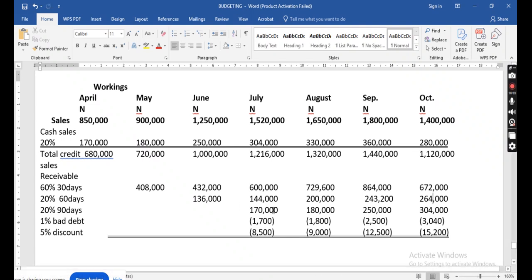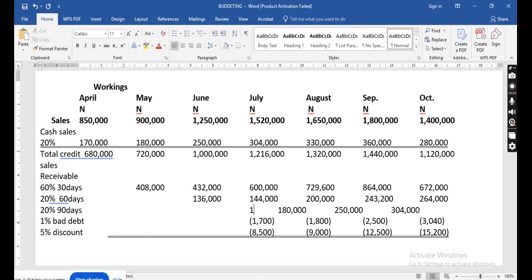So the next one is 90 days, right? So what is the 20% of 680? 136, 144, 200. Just the same figure, just for the next month.